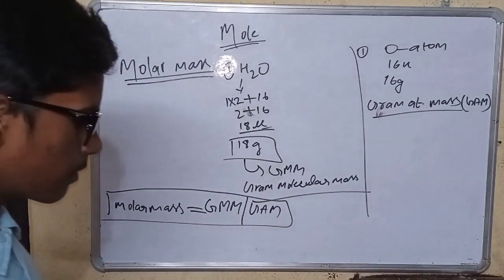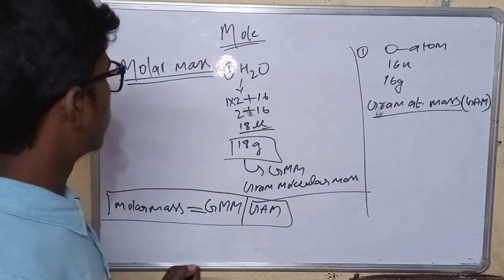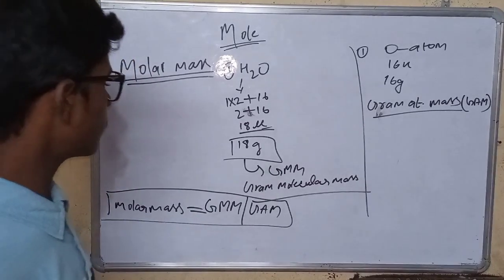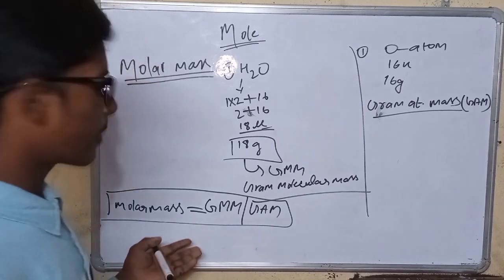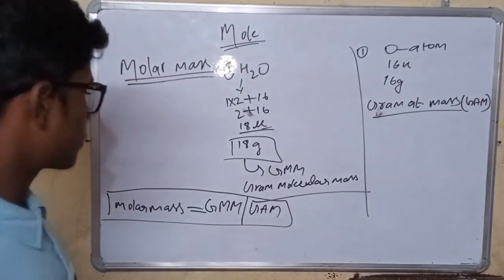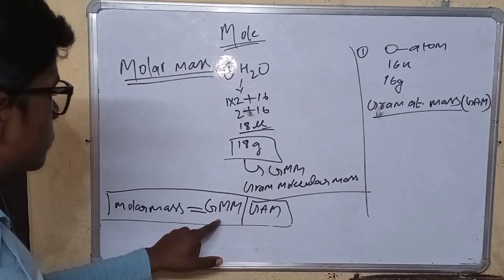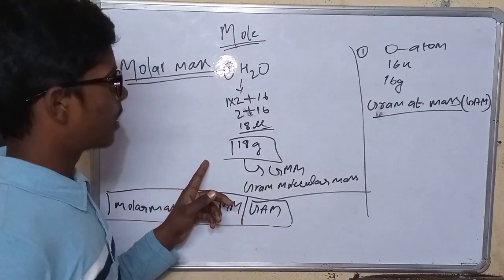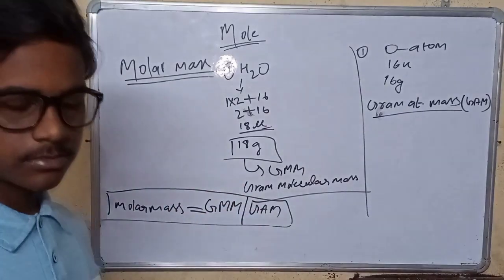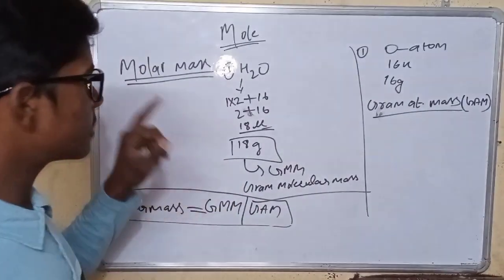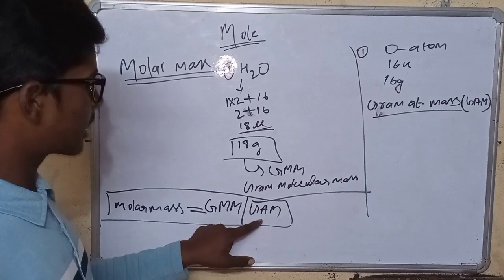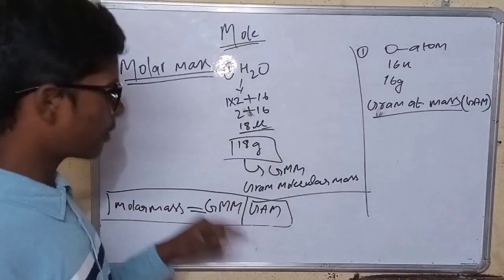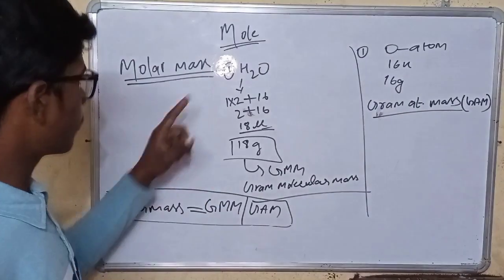Now we understood molar mass, gram atomic mass and gram molecular mass. Don't fear them. They are equal to the molar mass. It depends on whether it is an atom or a molecule. If it is an atom, then we use gram atomic mass and replace the u with g.